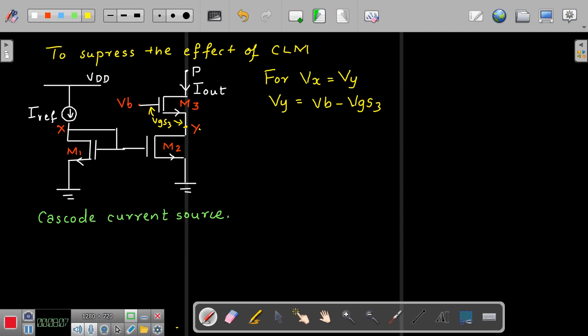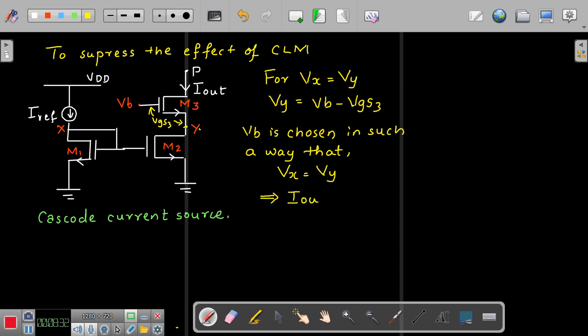So here Vb is chosen in such a way that Vx is equal to Vy. This will definitely make your I out equal to I reference. When Vx is equal to Vy, your I out is equal to I reference.